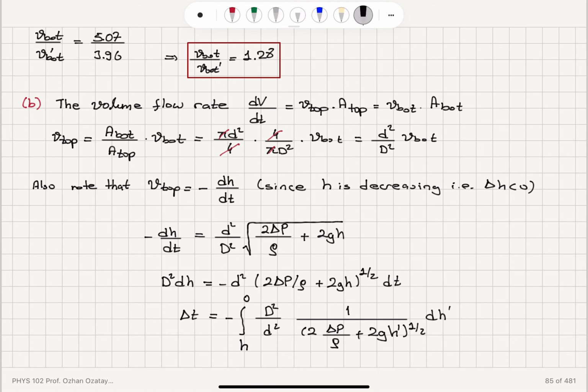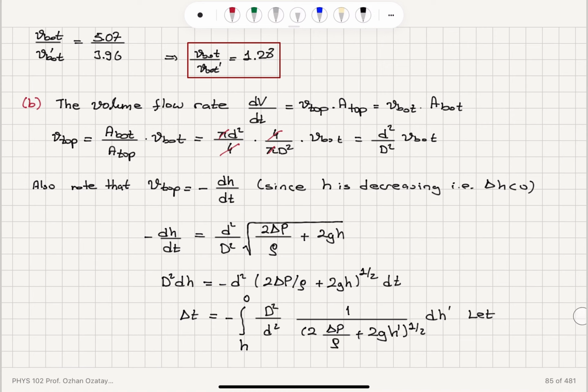Okay? And in order to perform this integral, I'm going to let u squared equal 2gh prime plus 2 delta p over rho.